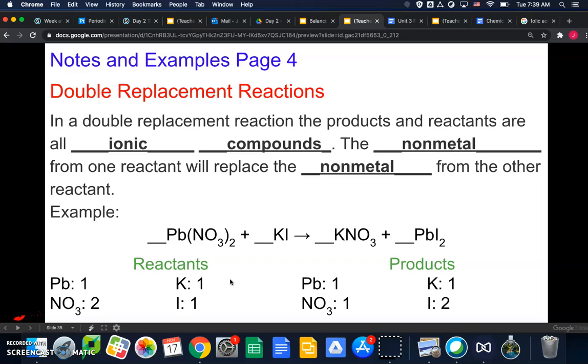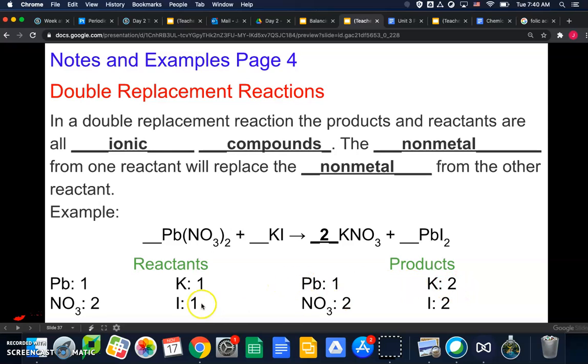Okay, so now let's start to balance this example, because you can see we've got an uneven number of nitrates and an uneven number of iodides. So let's start by balancing the nitrates. Got two on this side, one on this side, so I'm going to put a 2 in front of potassium nitrate, and that will make it so that I now have 2 nitrates, but I also have 2 potassiums now.